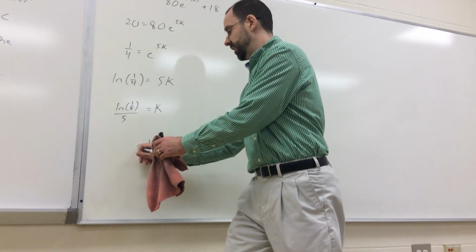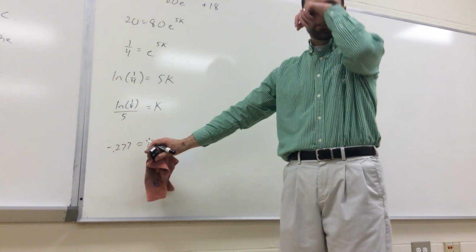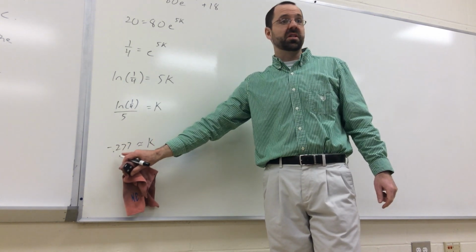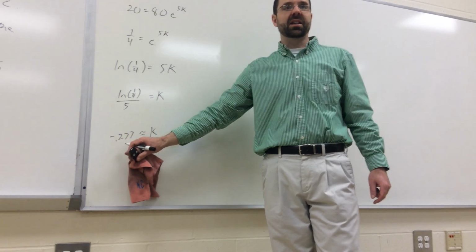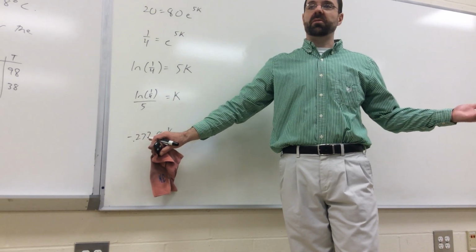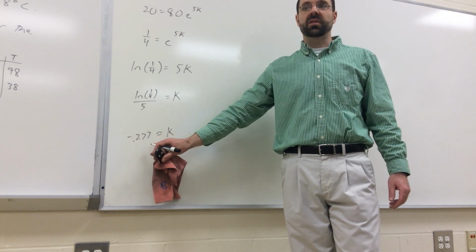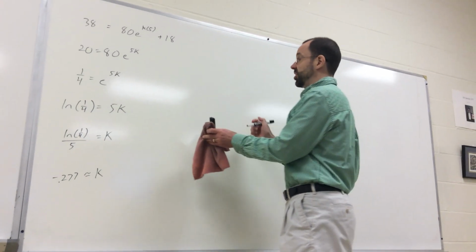If I remember right from the last period, it's negative 0.277. Yep. So I'm not going to use this number because this number is rounded, but it's nice to have a sense of what the K is. Like in the last problem, the K was negative 0.18. This time it's negative 0.277. Okay, so now I have a good solid equation.